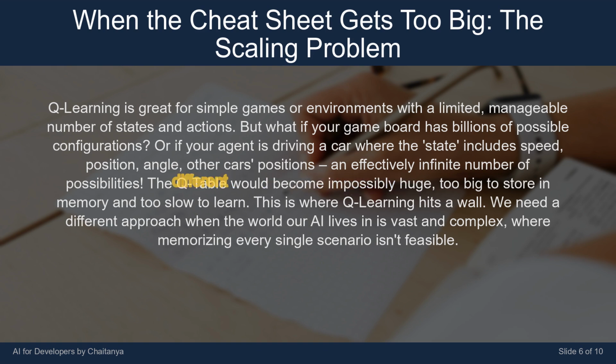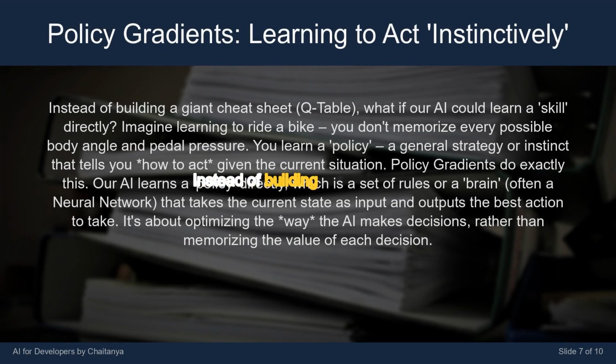We need a different approach when the world our AI lives in is vast and complex, where memorizing every single scenario isn't feasible. Instead of building a giant cheat sheet, Q table, what if our AI could learn a skill directly? Imagine learning to ride a bike. You don't memorize every possible body angle and pedal pressure.